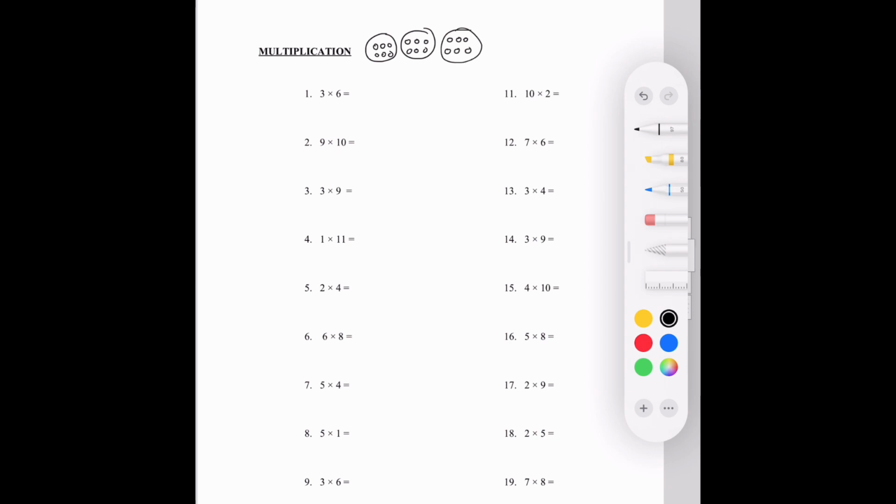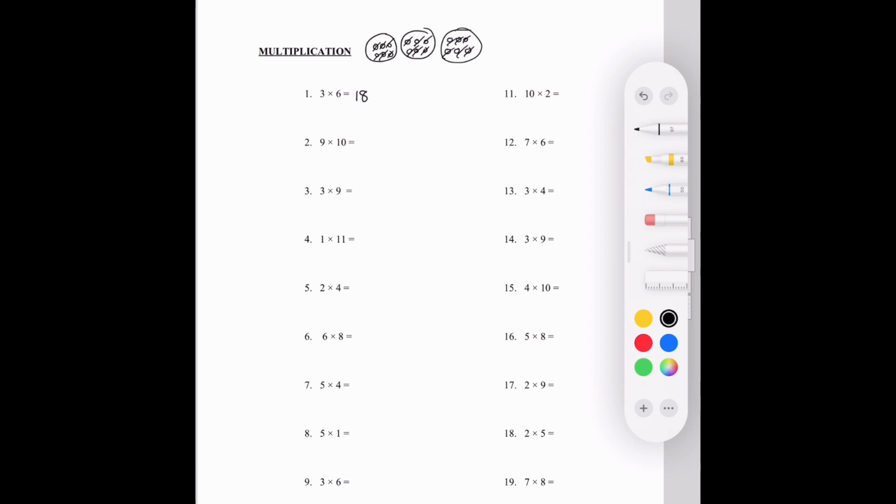There's 6 circles in 3 separate groups, or there's 3 circles, and there are 6 in each big circle. If we count every single small circle, 1, 2, 3, 4, 5, 6, 7, 8, 9, 10, 11, 12, 13, 14, 15, 16, 17, 18, we get 18, and the answer to 6 times 3 is 18.